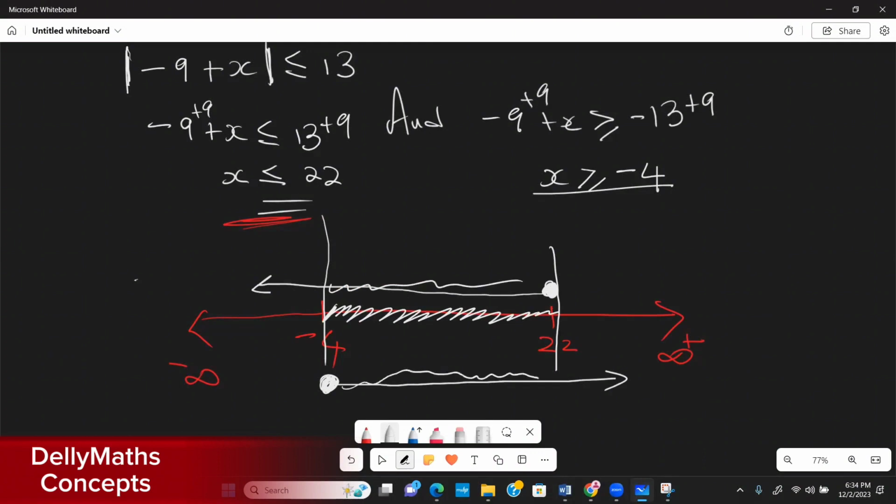So x is less than or equal to 22, but that same x is greater than or equal to -4. So that is the section that we're referring to as it relates to our solution. It's between these. So if you were to put it in interval notation, it's going to be from -4 to 22.